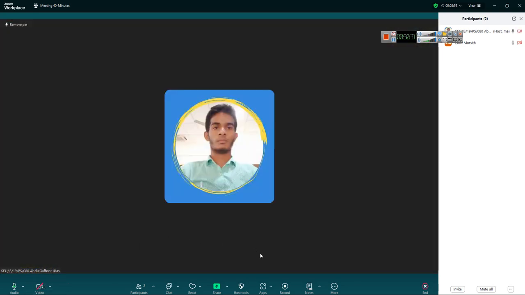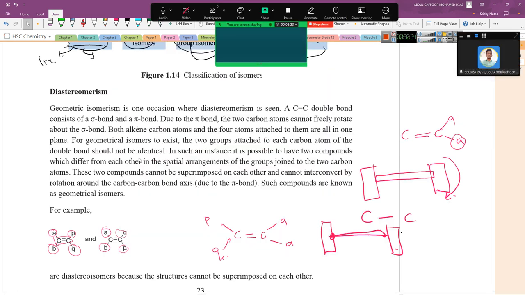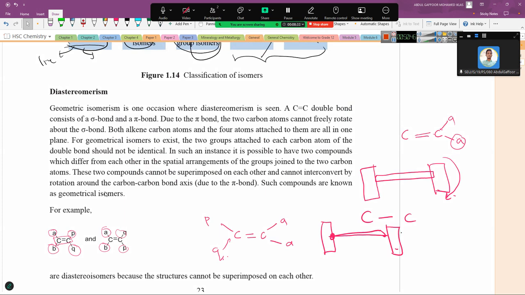So we will go to the note now. Okay, so you can read here, due to the pi bond. Now if there is a sigma bond only, the carbon atoms are freely rotatable, right?